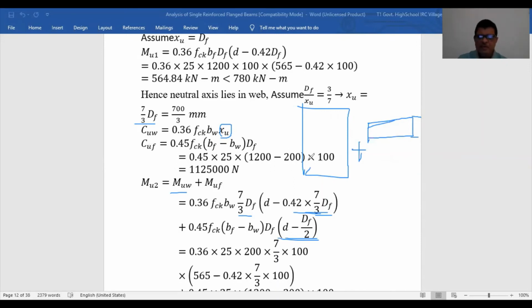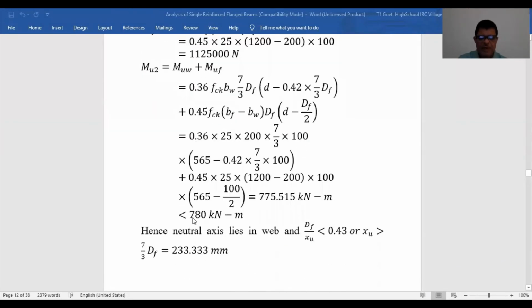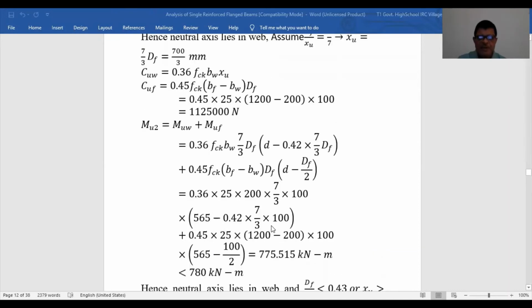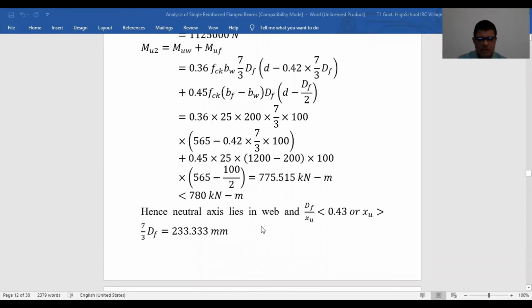So put all these values in the equation and find the value. By putting all these, it is coming 780 kilonewton meter. The total moment is given as 780. So the neutral axis lies in the web and Df by xu is less than 3 by 7, because the value is coming less than 780.